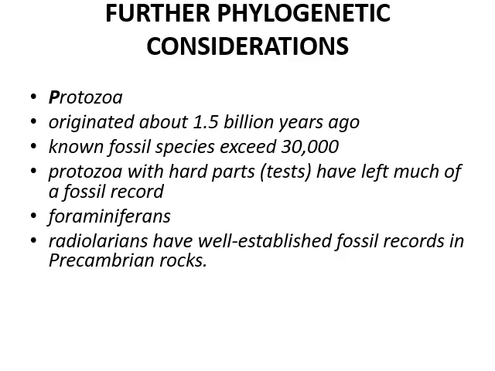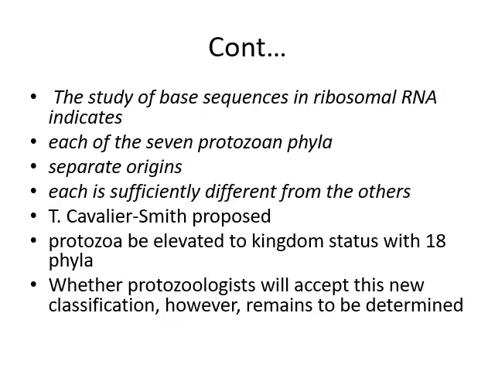Further phylogenetic considerations. Protozoans originated 1.5 billion years ago, and their fossil record exceeds 30,000 species. Protozoans with hard parts are recorded, but soft parts are not found. Foraminiferans and radiolarians are well established because their shells are preserved in Precambrian rocks.